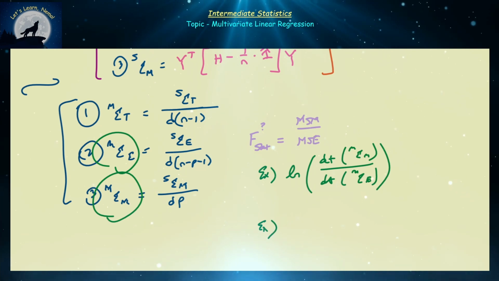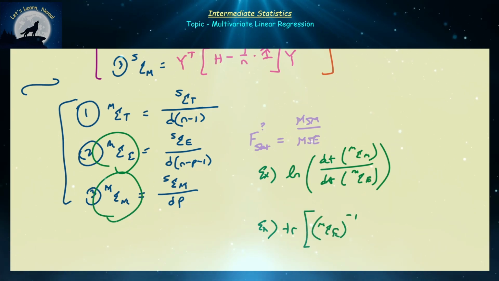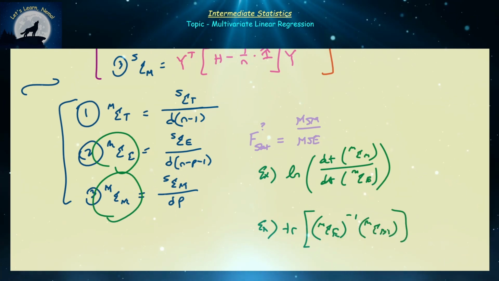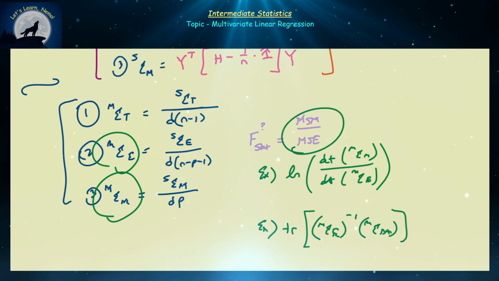Another possible thing you could look at is maybe the largest eigenvalue or the trace of M sigma E inverted, times, for example, M sigma M. That would be another reasonable metric to look at because they all have that particular MSM over MSE structure.